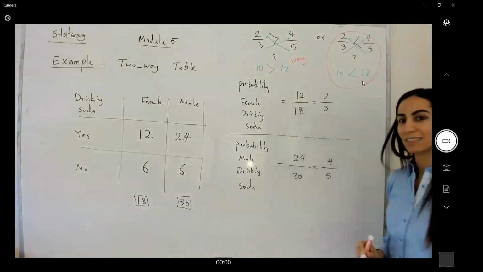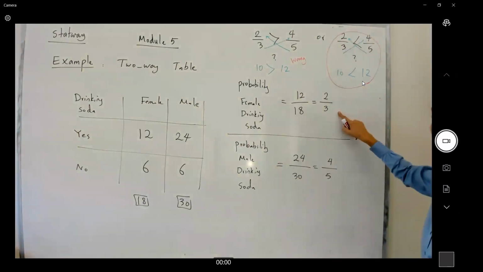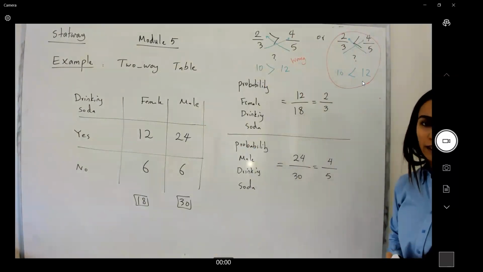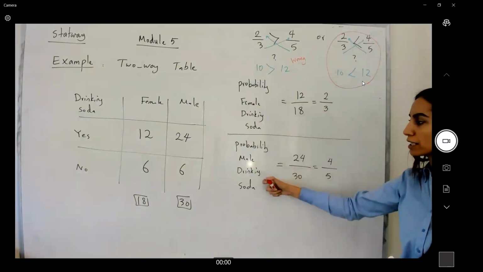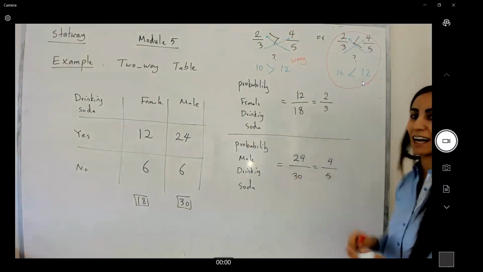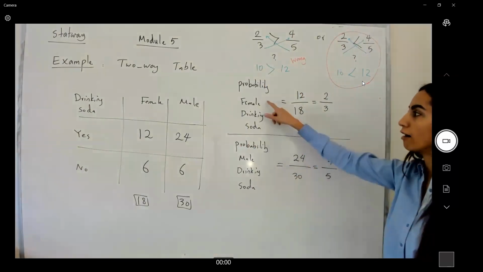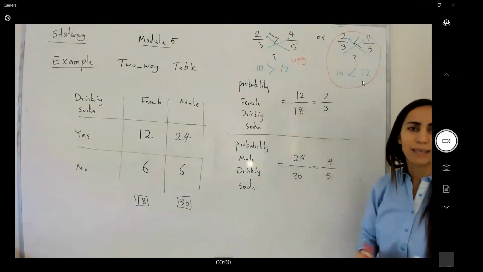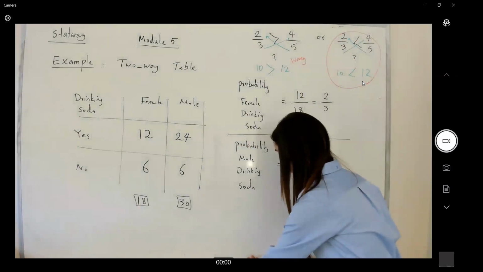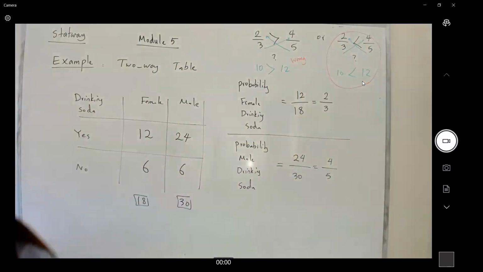This is correct. 2/3 is less than 4/5. So the likelihood of a male drinking soda on a daily basis is higher than the likelihood of a female drinking soda on a daily basis. Now let's get back to our question.